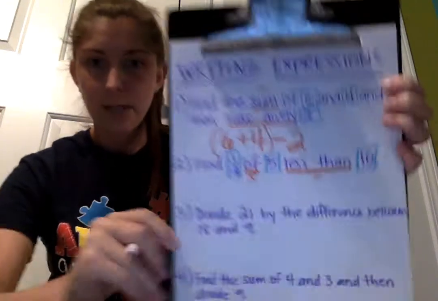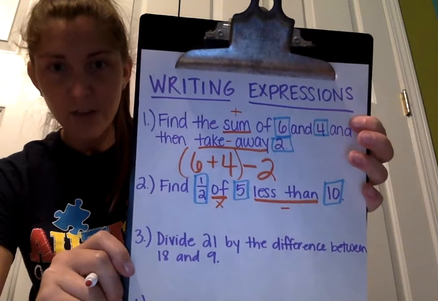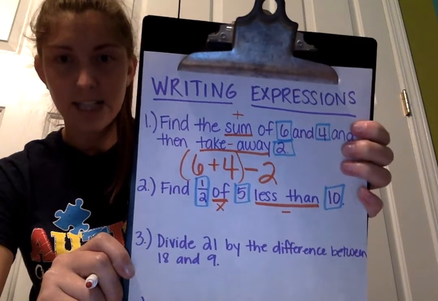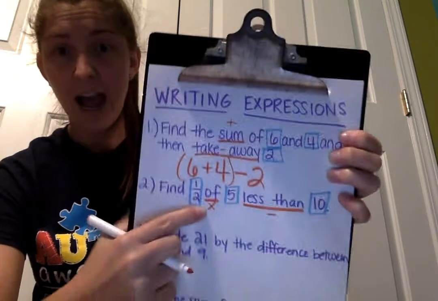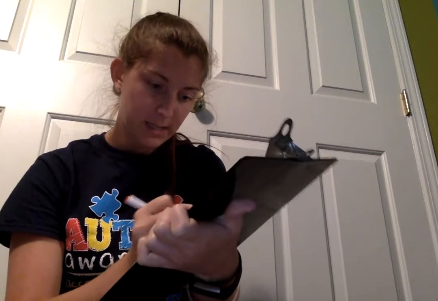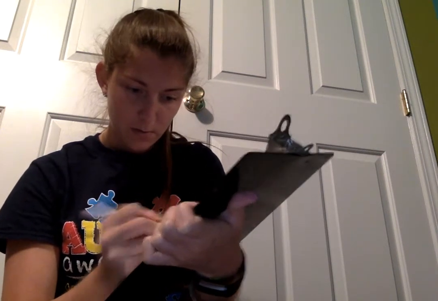Less than again means to subtract. Find 1/2 of 5 less than 10. Well, in order to find 1/2 of, I have to subtract first. So 10 less than 5 times 1/2.